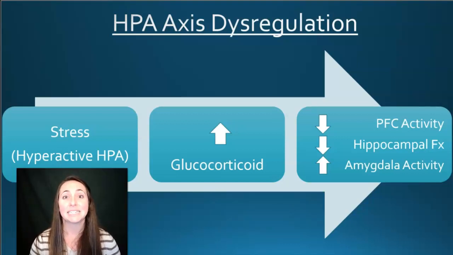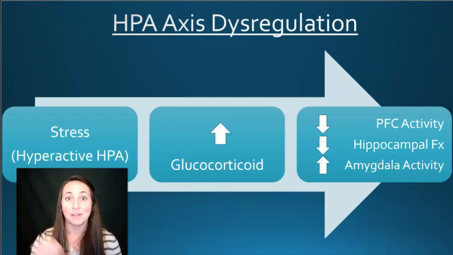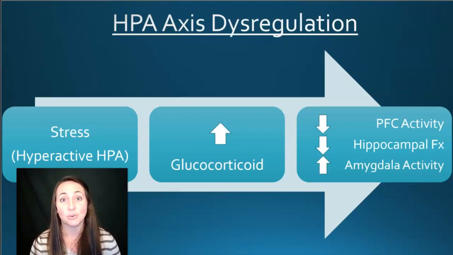When the body is handling stress, it's going to send all of its resources to those subcortical survival modes of the brain. The prefrontal cortex is not a survival component of the brain. We don't need higher order cognitive processing to handle fight or flight responses. So our prefrontal cortex activity tends to decrease.